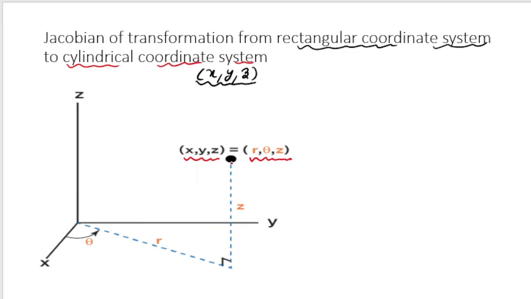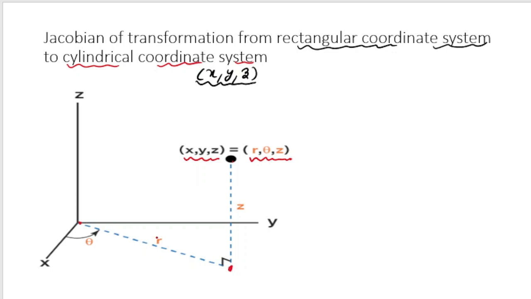So suppose this is a point in the space, so how do you locate this point? You know that you move x distance in the x direction, y distance in the y direction, and z distance in the z direction. But here r and theta are related to x and y. So from this point you drop a perpendicular in the xy plane. This is the foot of the perpendicular of this point in the xy plane, and now you join this point to the origin.